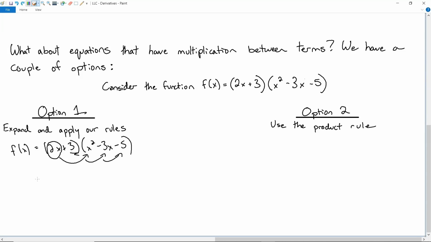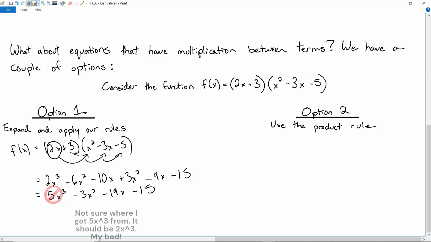So expanding all of this out will give us 2x cubed minus 6x squared minus 10x plus 3x squared minus 9x minus 15. And if I collect all of my like terms, I'm going to get 5x cubed minus 3x squared minus 19x minus 15.